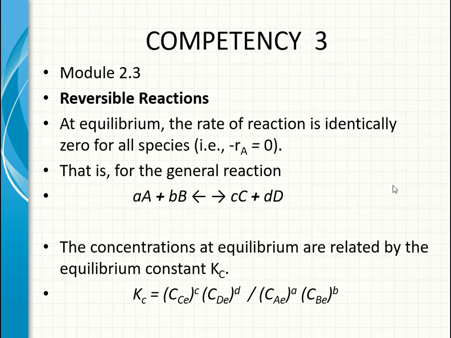So capital Kc is equal to the concentration of C at equilibrium elevated to the stoichiometric coefficient c, times the concentration of D at equilibrium elevated to the stoichiometric coefficient d, divided by the concentration of A at equilibrium elevated to the stoichiometric coefficient a, times the concentration of B at equilibrium elevated to the stoichiometric coefficient b.